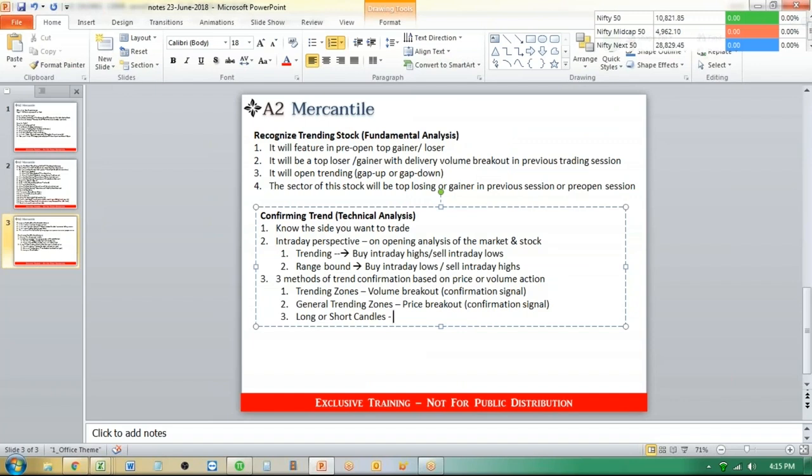The third one is long or short candles. The confirmation signal in this case would be the first 5 minute volume breakout.